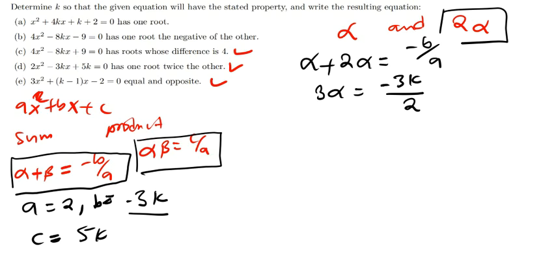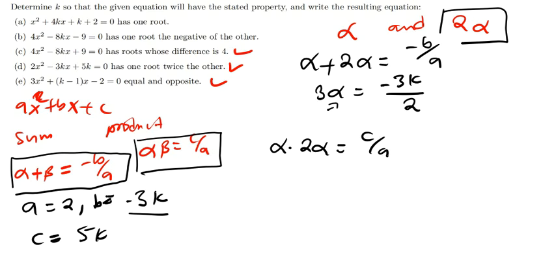Okay? Now, remember we want to find the value of k, but in this case, because alpha has appeared, I need another equation. So now that's when I'll go to product. So the product is alpha times beta, but beta in that case is 2 alpha. So it will be alpha times 2 alpha is equal to c over a.